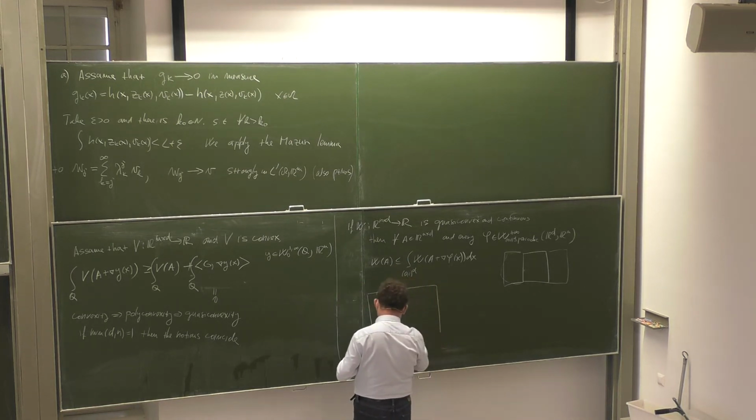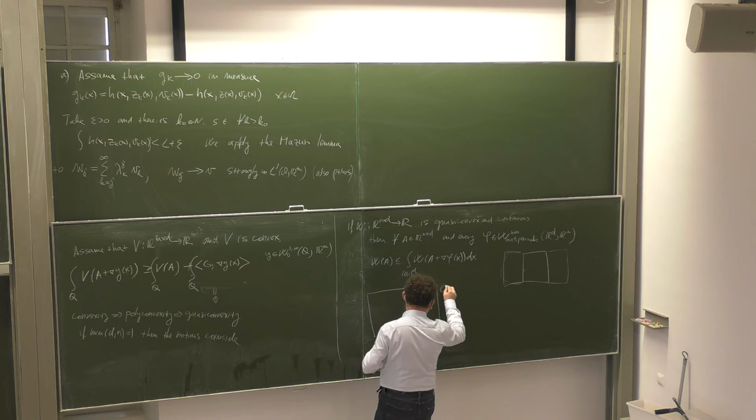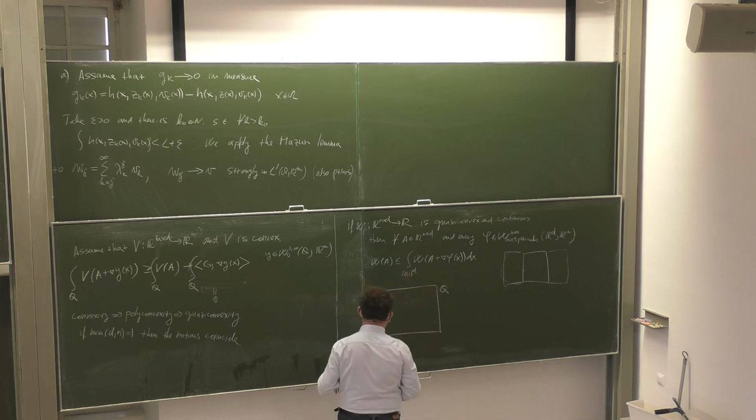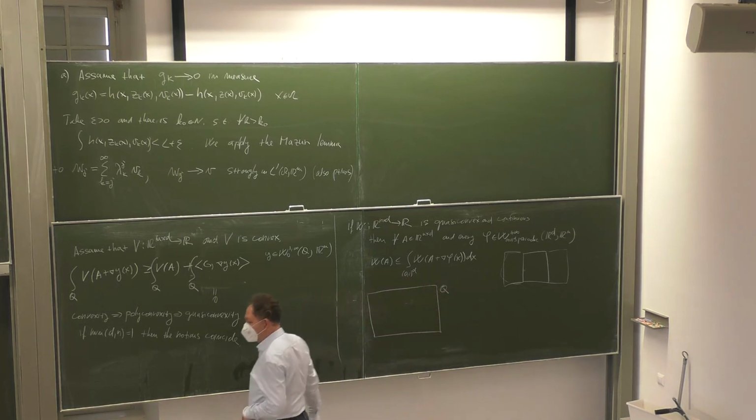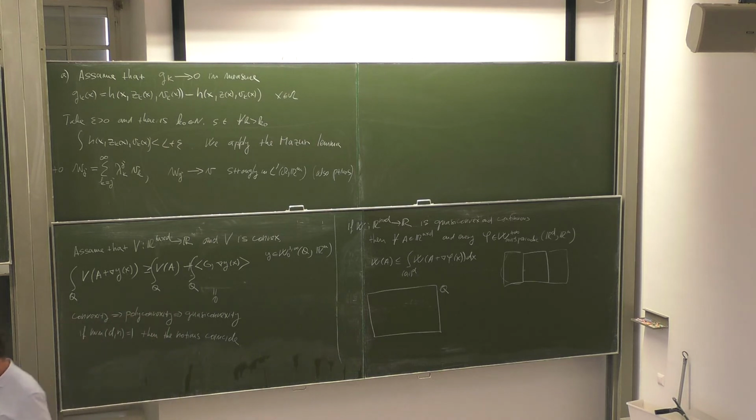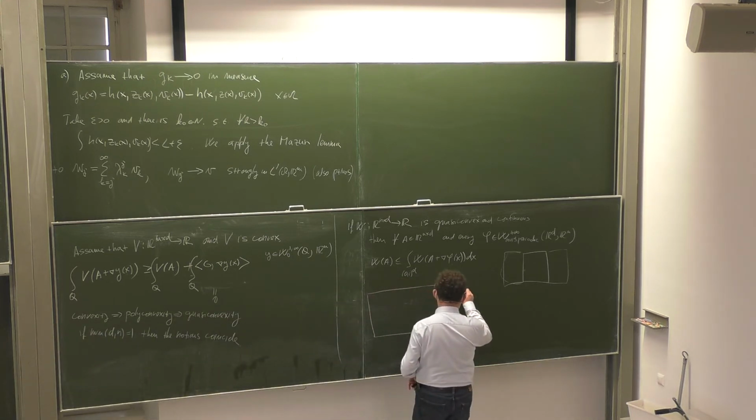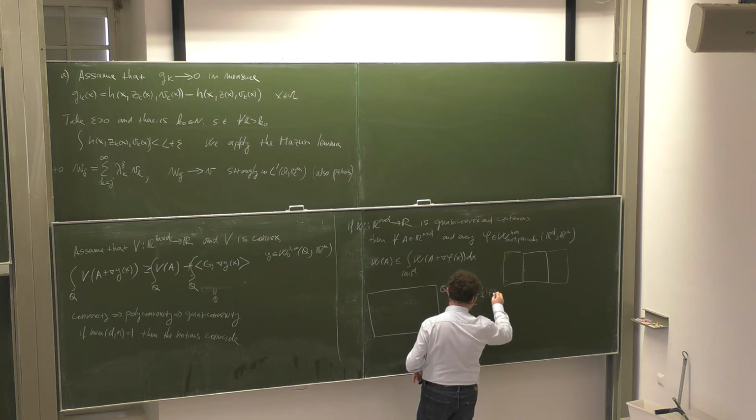So this is our Q. We take a function. We have our phi, so we take phi k of x, which is again 1 over k phi of kx.